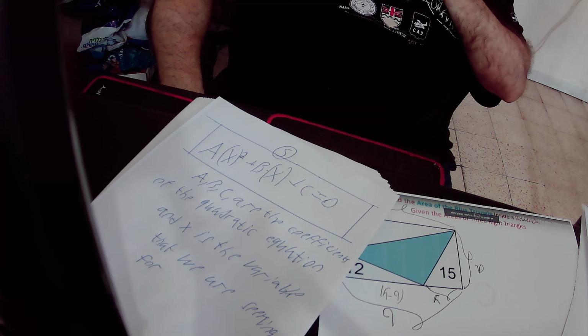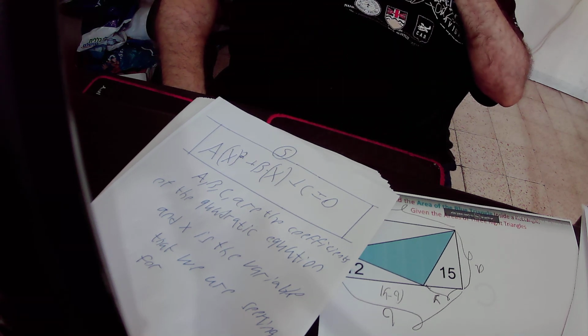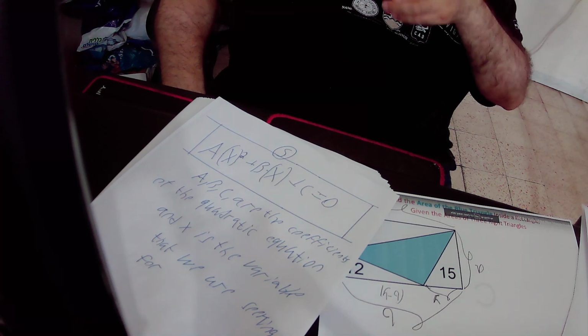The values of x are called the roots of the quadratic equation, and as I already said, x might have more than one solution. So it is the root of a quadratic equation, the solution for x, or the roots.